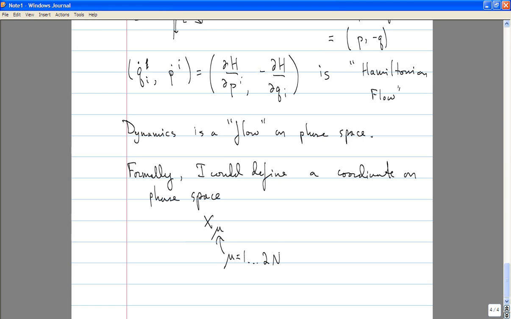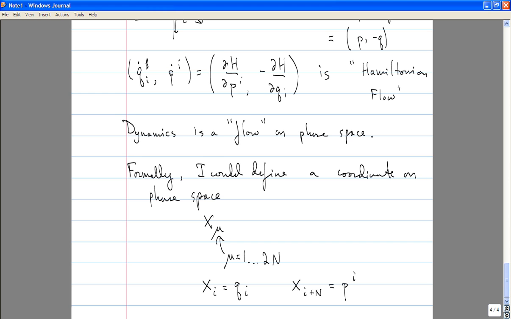And if mu is something between 1 and n, then x will just be equal to q. And if mu is between n plus 1 and 2n, then x will just be equal to p. So x of i plus n will be equal to p i.